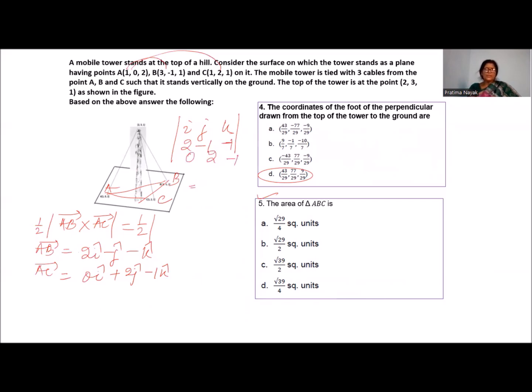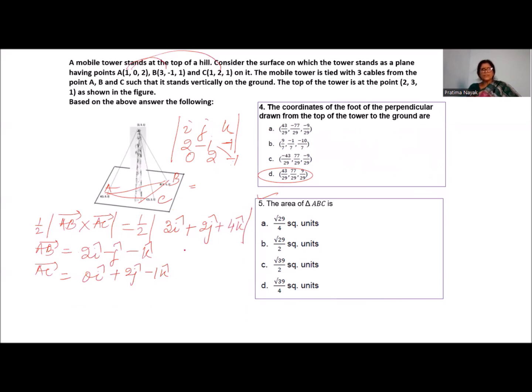It will be i into 1 plus 2, 3, 3i. Next, minus j, it will be minus j minus 2, so plus 2j. And for k, I'll get 4k. Okay, so this is AB cross AC.